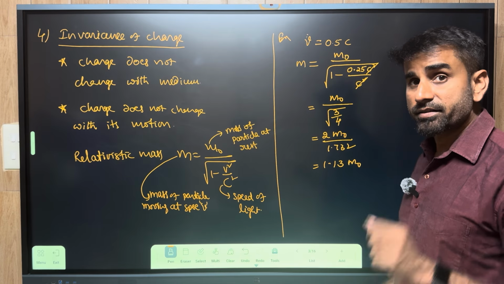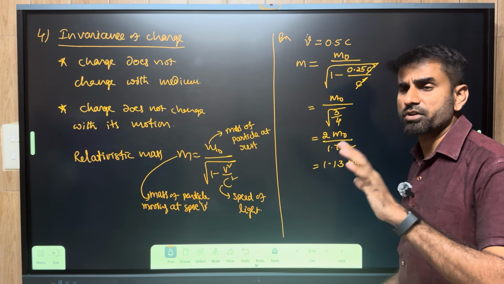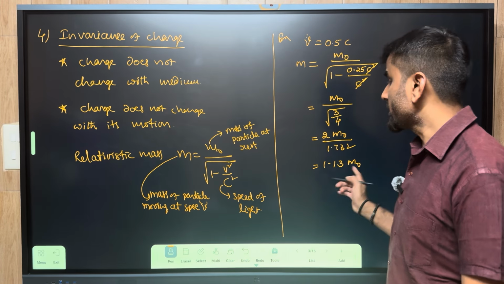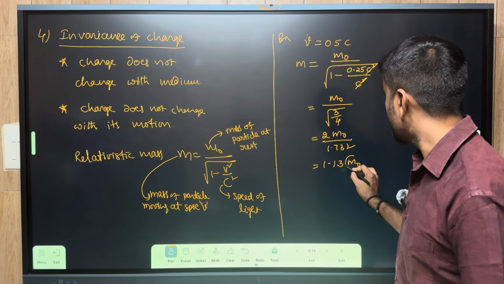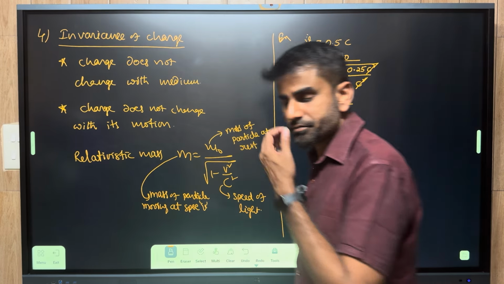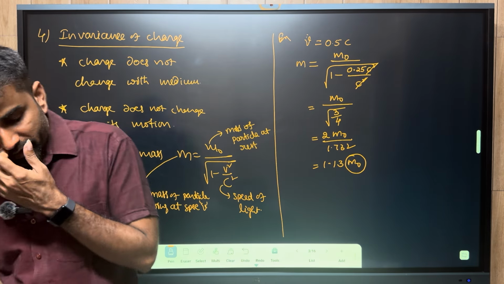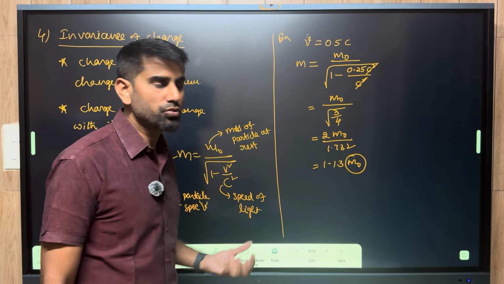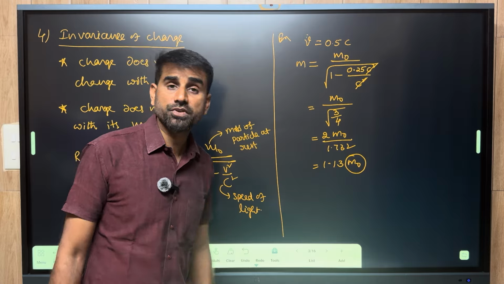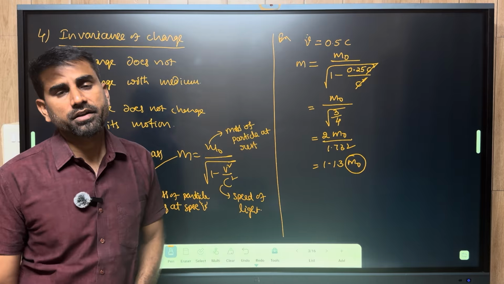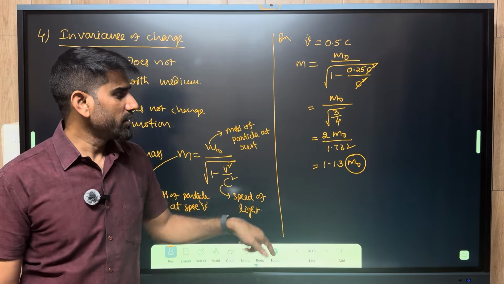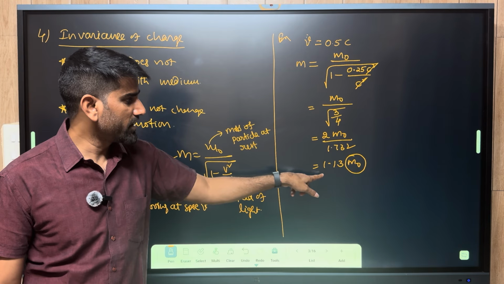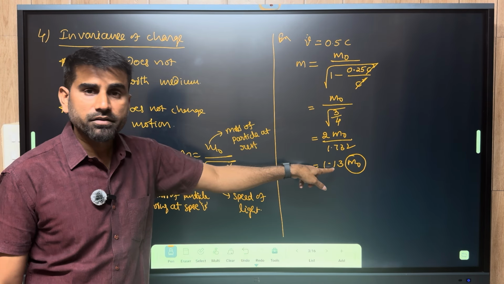When the particle was at rest, its mass was m naught. When the particle is moving with a speed comparable to or close to the speed of light, which we have taken as 0.5 times the speed of light, the mass of the particle has increased by 13%.